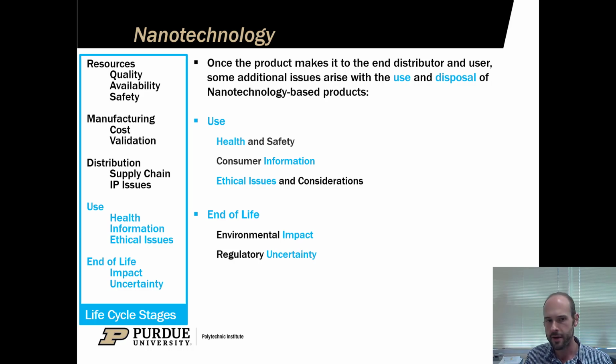So after manufacturing and distribution, you have the use. Once the product gets to the consumer, there are health issues as well as information. How do you inform a user about a product that they have no conceptual knowledge of how it works?